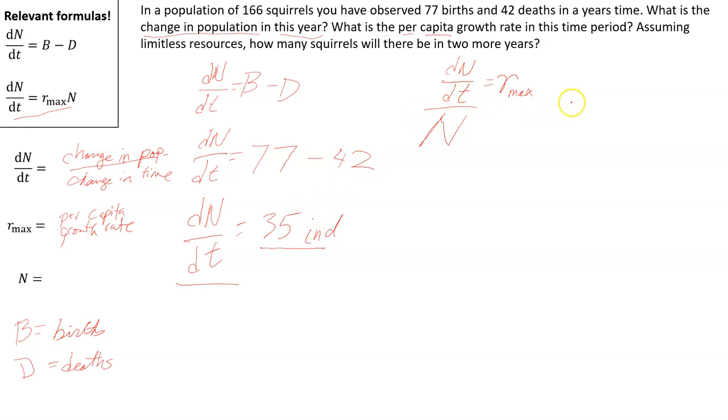Well, we just solved that. That's 35 individuals over the entire population. How big is the population size? It says in the question here, N is 166. So 35 over 166 is going to give us our r max. Go ahead and calculate that in a calculator, and we'll see if you got it right.